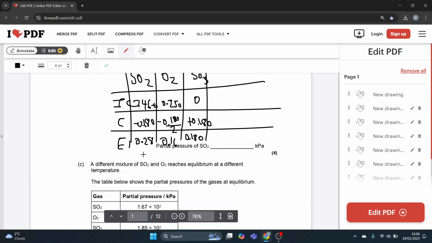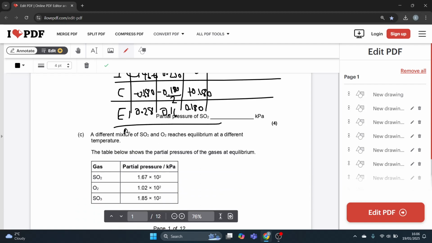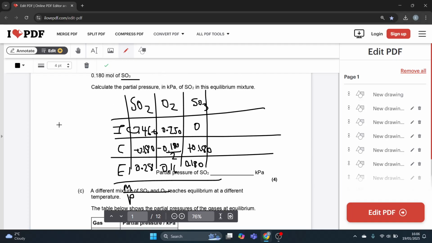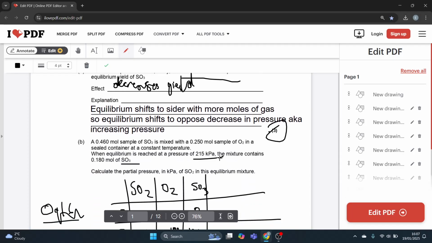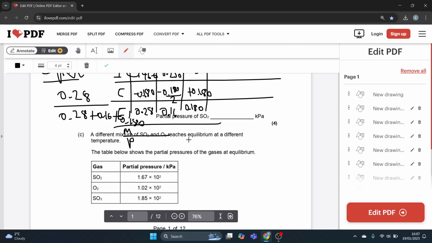So what I'm going to have to do now is use the ICE MP method: mole fraction, partial pressure. The mole fraction of SO2 is the number of moles of SO2, 0.28, divided by 0.28 plus 0.16 plus 0.180, times the total pressure, 215. I want kilopascals anyway, so I'm just timesing by 215.